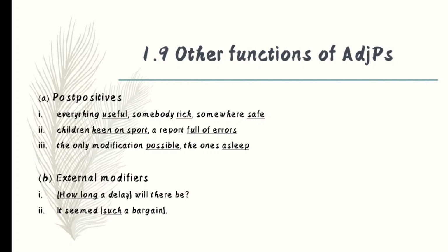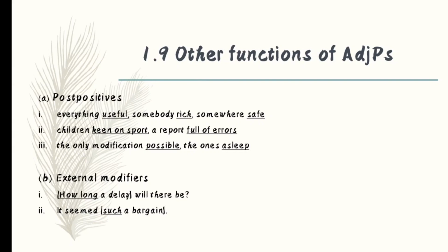The last function of the adjective phrase is as external modifiers. It usually occurs at the beginning of the noun phrase and before the indefinite article a. For example: how long a delay will there be?